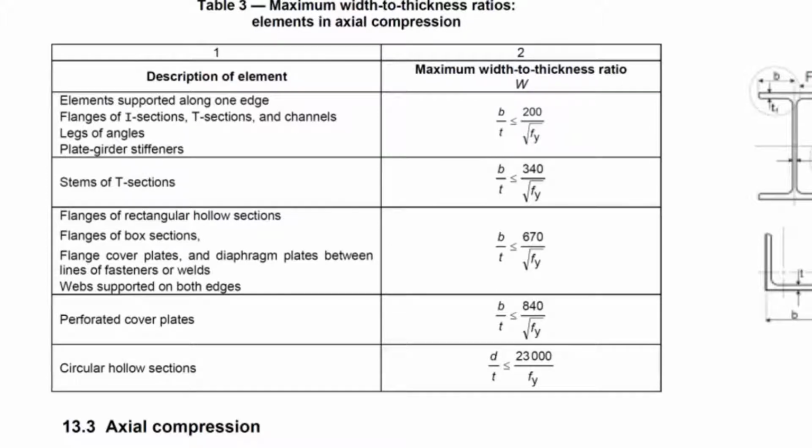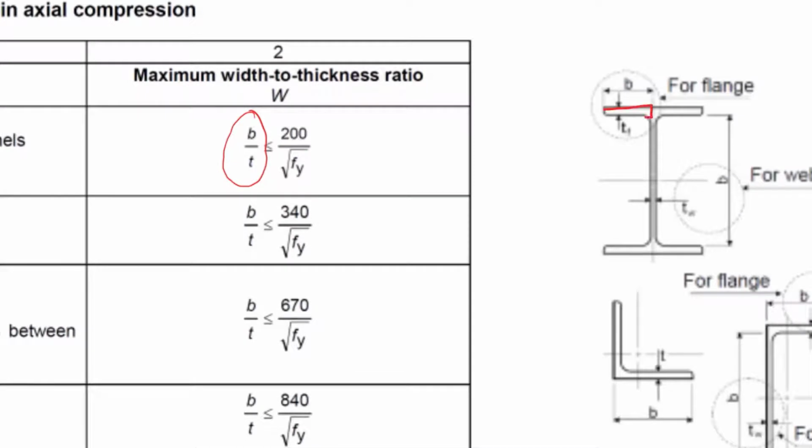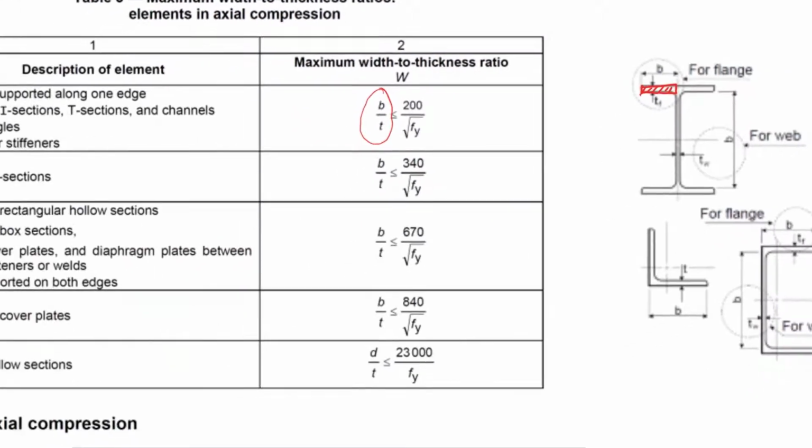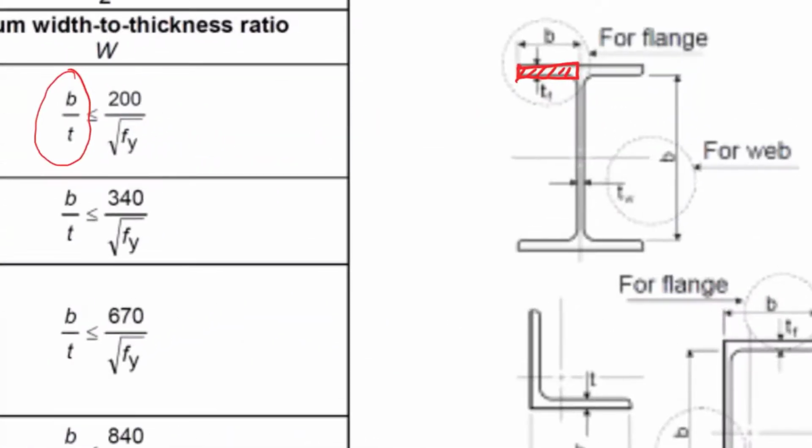So as you squash it, could a local section somewhere along its length buckle? And so you have this B over T ratio. Be very careful with B over T. B over T refers to something that is experiencing buckling. So you go here, it is this distance divided by that thickness. It's this piece of steel, B over T. Or, for instance, if it is a web supported on both edges, it would be that section there that you are designing.